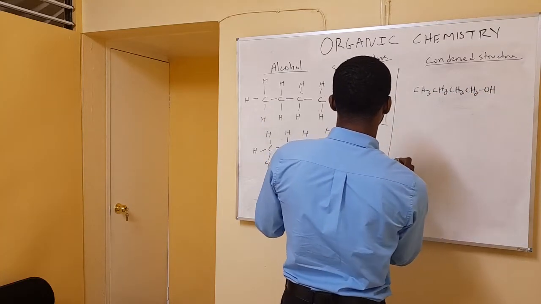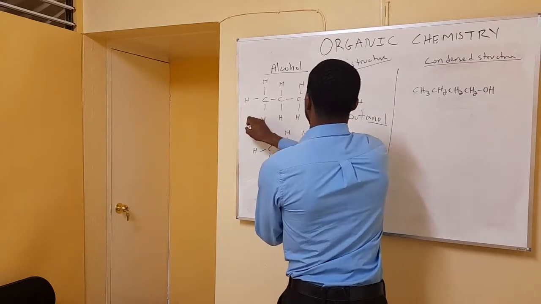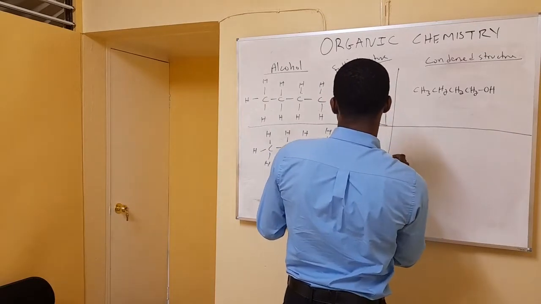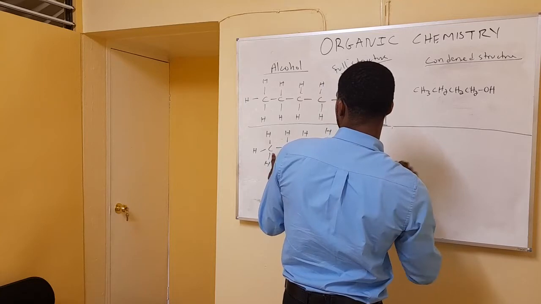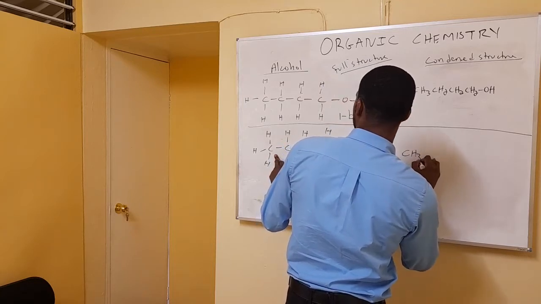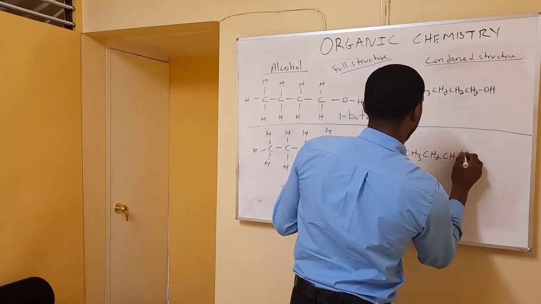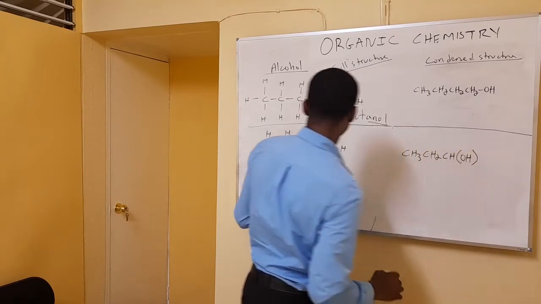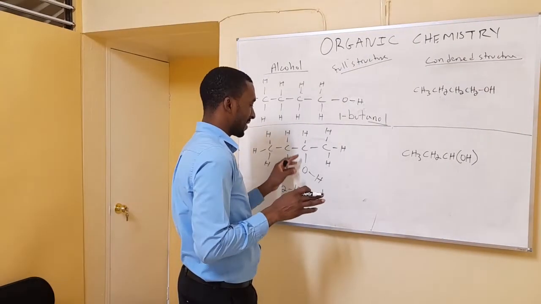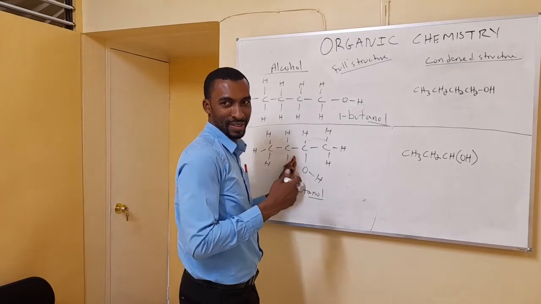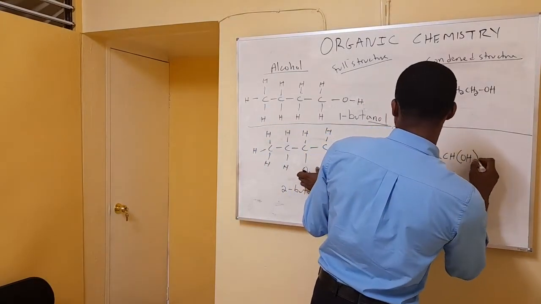Then for this one, CH3CH(OH)CH2CH3, with the OH in bracket. Now remember that the branch or the functional group always go in bracket if it's not at the end. Alright? So the functional group or the alkyl group can go there.